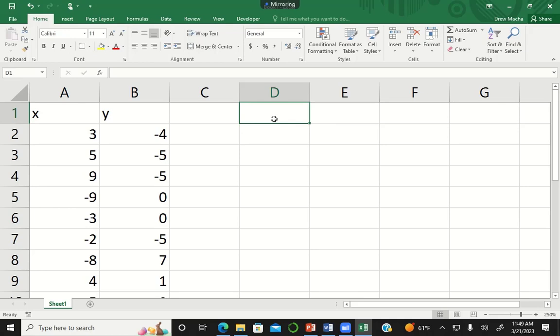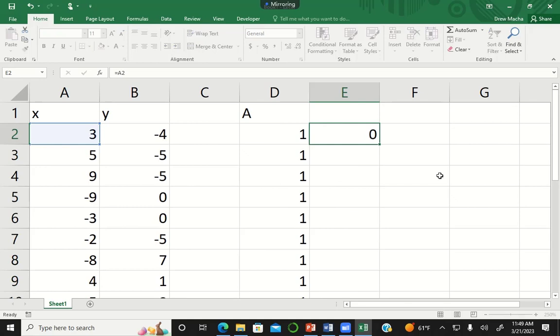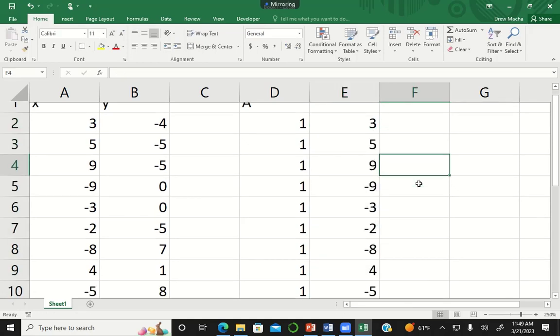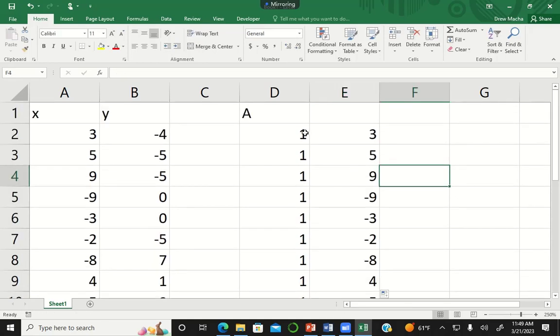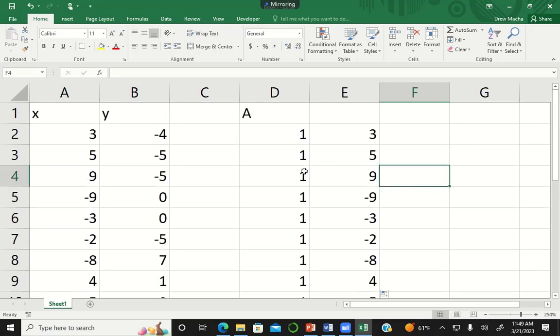So the matrix A would be the matrix where I have a 1 in the first column, all 1s, and then my second column would just be the x values. So this is not a square matrix. This is a matrix with like 9 rows and 2 columns, not square.